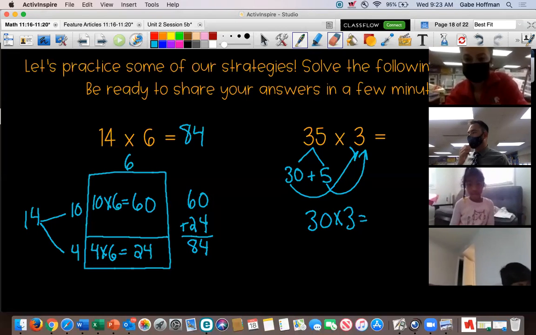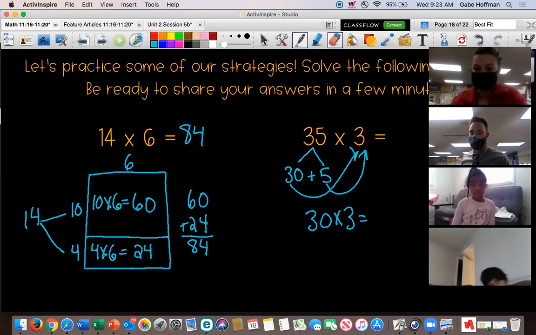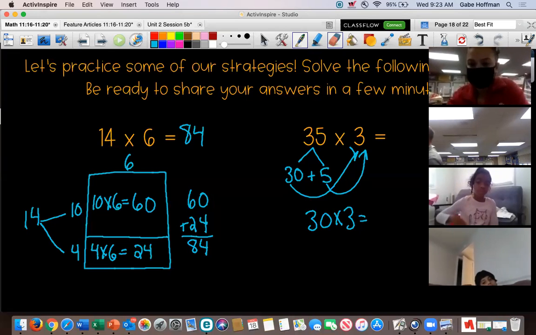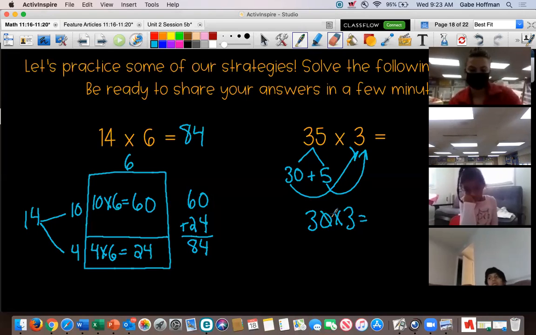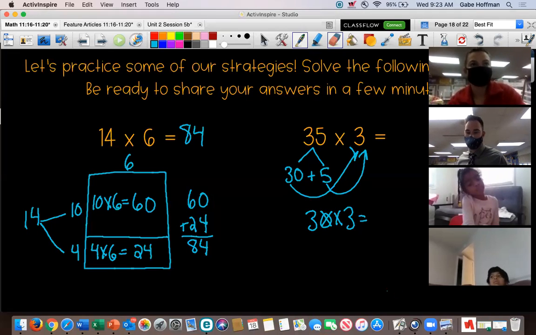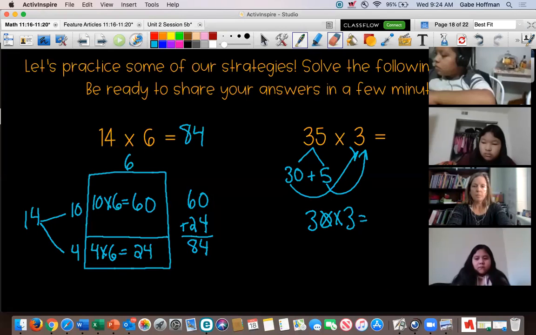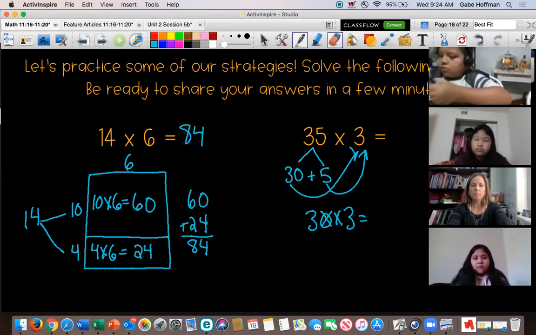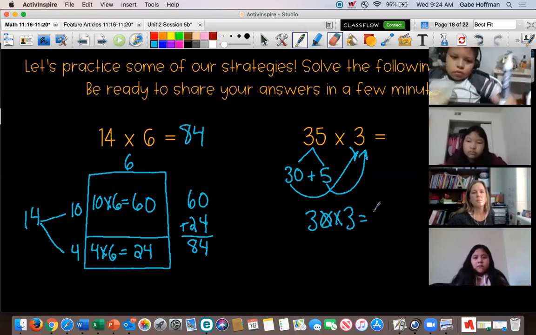Ania, what math fact could we use to help us solve 30 times 3? If we ignore this 0 and pretend it's not here. 3 times 3. Yep. 3 times 3 is what, everybody? 9.